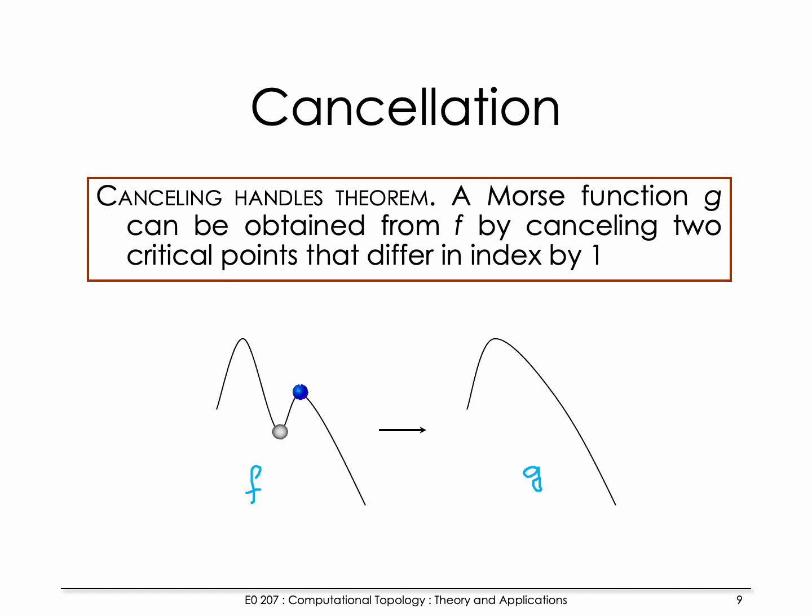So the cancelling handles theorem formalizes this notion by saying that a Morse function g can always be obtained from f by cancelling two critical points whose indices, Morse indices, differ by 1. This is also a very powerful result from Morse theory, but stated in simpler terms and in the context of the Morse-Smale complex here.